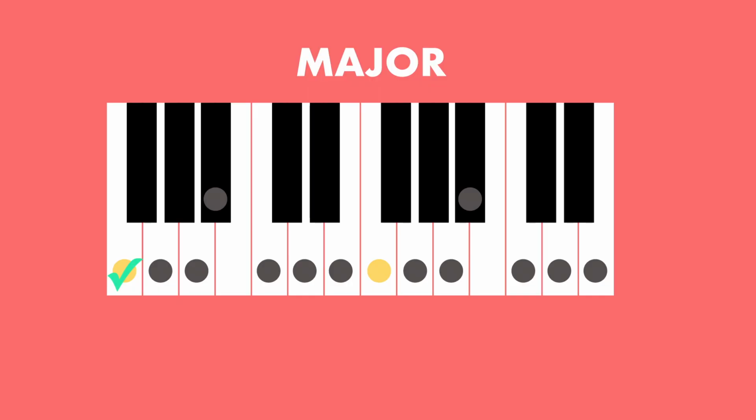What's the difference between a major and a minor chord? If we look at F, that 3rd note is 2 whole steps up from your 1. You should know what a whole step is, right? So you see, boom, whole step, whole step. That's how you build a major chord. Your 3rd is 2 whole steps up from your 1.